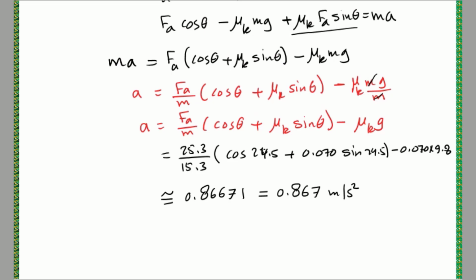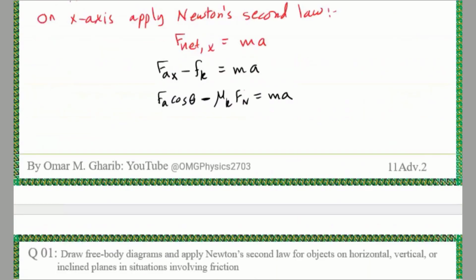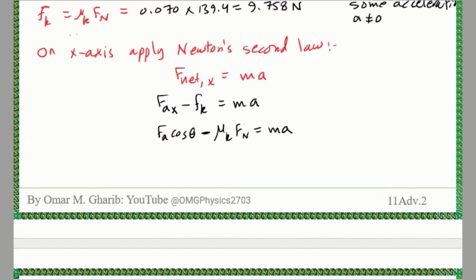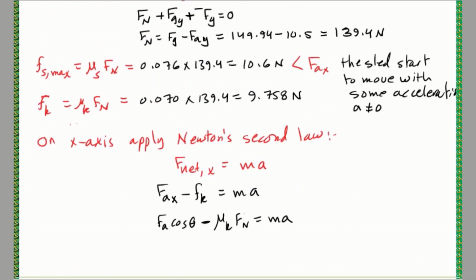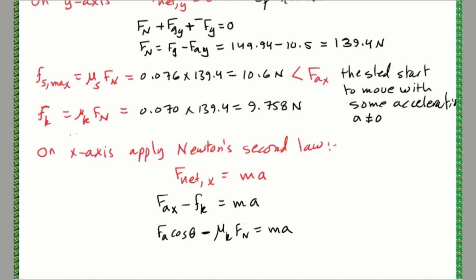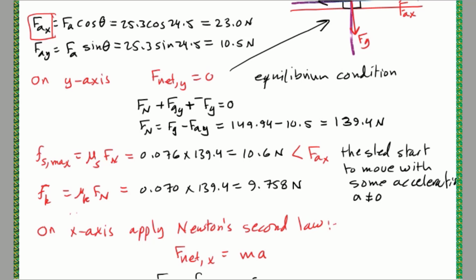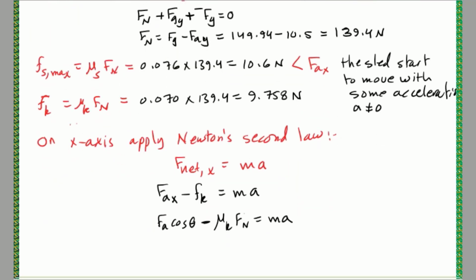Why do we solve the question in such a way? Because I know the question needs something else. We can use numbers, and it would be very easy from here. Fax we have, Fk we have, and we can find a easily by numbers. If you want to solve immediately by numbers, no problem.